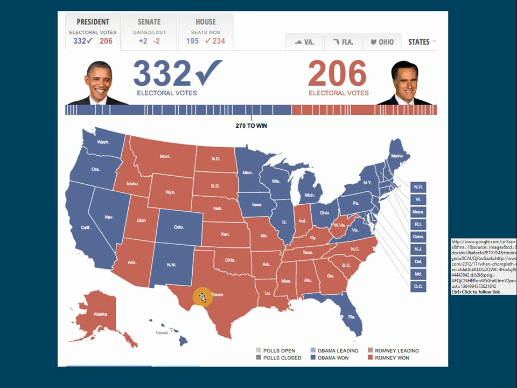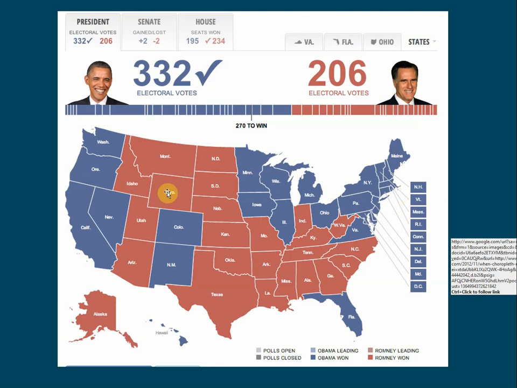So, like in Texas, if the majority of the people voted for Mitt Romney, the entire state's electorate votes for Mitt Romney. But in other states like Vermont, Oregon, and I think Wyoming, they break it up.